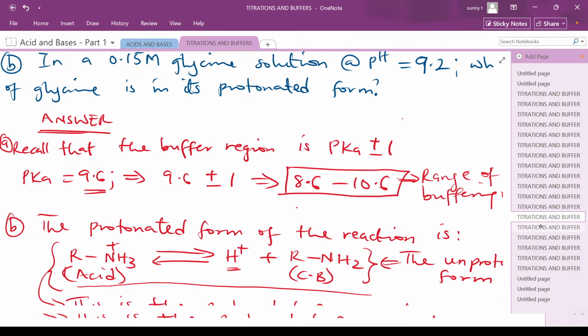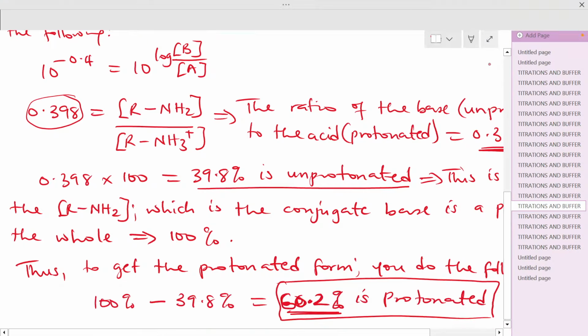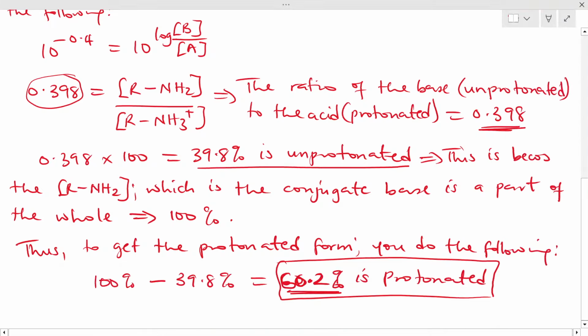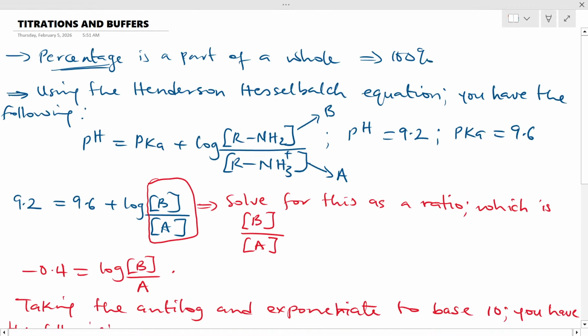And when the Henderson-Hasselbalch equation is applied, we carefully notice the following.